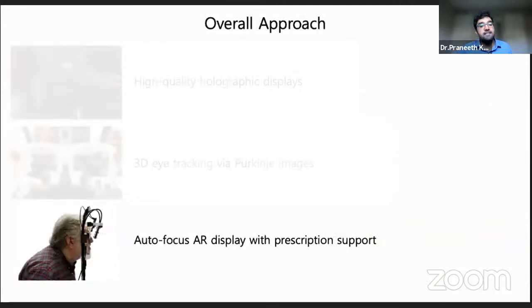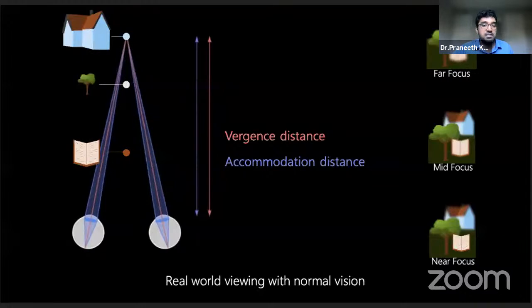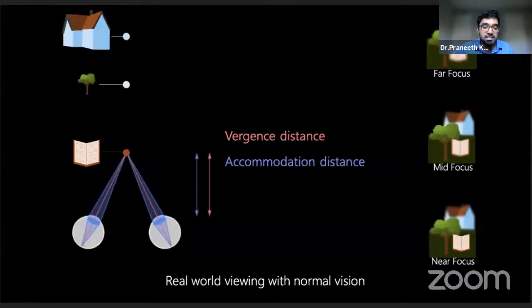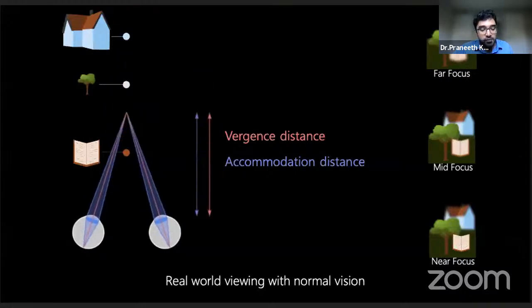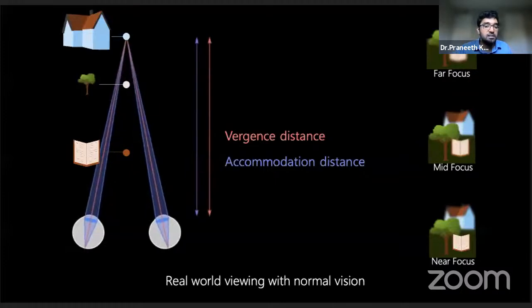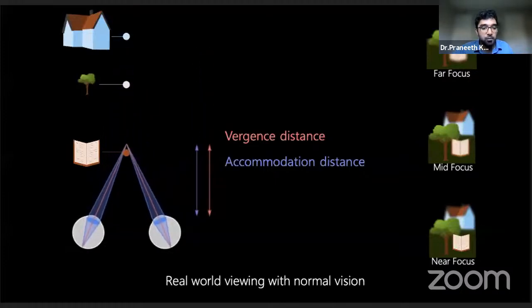Now, once we have the depth where the user is looking at, we can provide prescription support within an AR display. So again, revisiting the vergence and accommodation distance, in a normal user with normal vision, these are neurologically coupled.